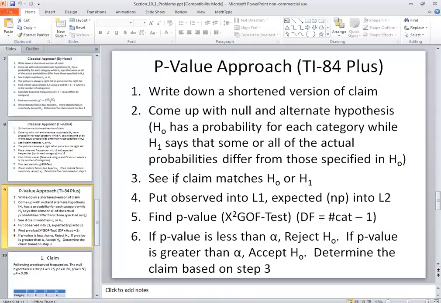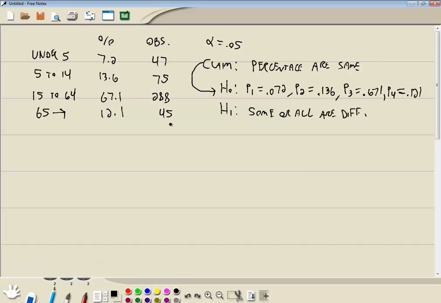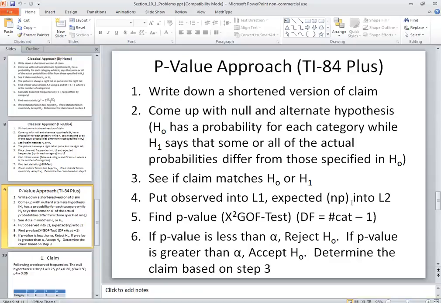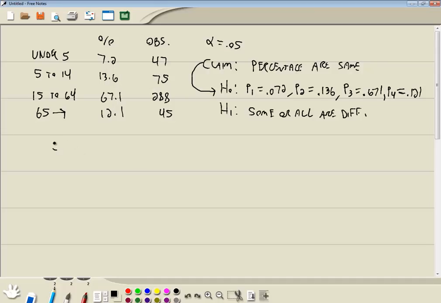Okay, that was step 3. See if a claim matches H0 or H1. Put observed into L1, expected N times P into L2. Well, observed is right here, so this is going to go into L1. That's our 47, 75, 288, and 45.